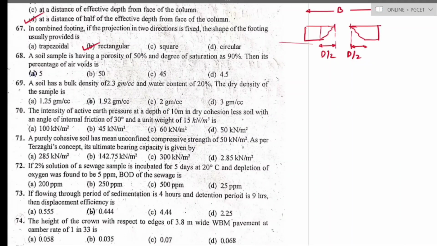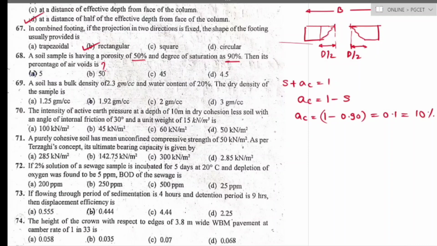Question number 68. A soil sample is having a porosity of 50% and the degree of saturation is 90%, then its percentage of air voids is, we have to find the percentage of air voids. Now we know the relation between the saturation and air content, that is, sum of saturation plus air content is equal to 1. So air content will be 1 minus saturation, that is 1 minus 0.90 is equal to 0.1. So air content will be 10%.